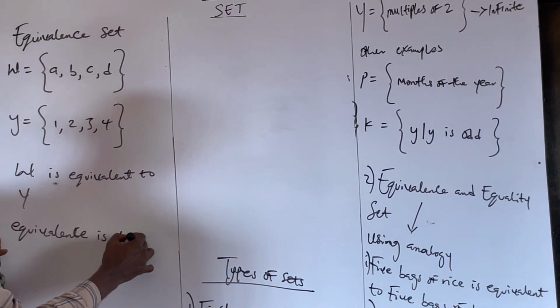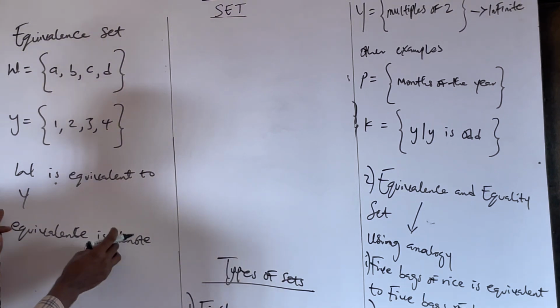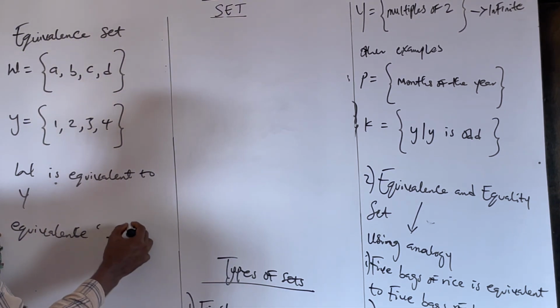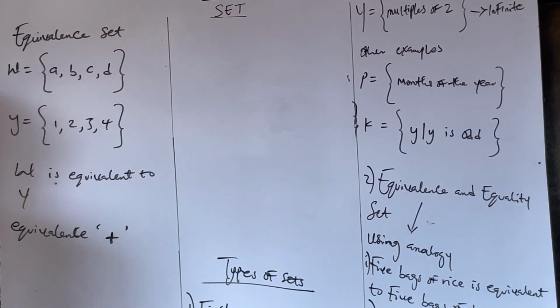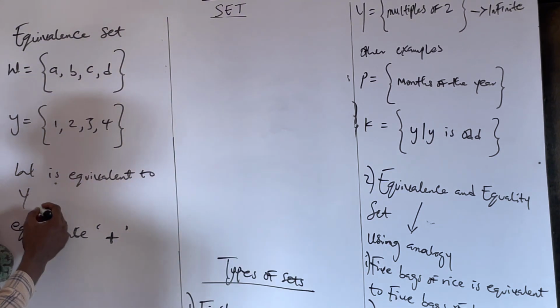And the word equivalence is denoted, let me say, we use the plus sign. To remember equivalence, we use the plus sign. Did you get it? So that is the symbol for equivalence.